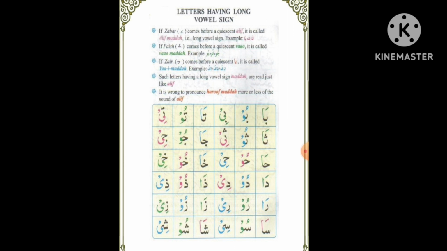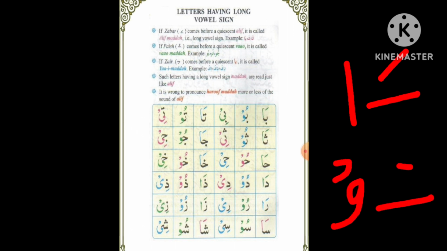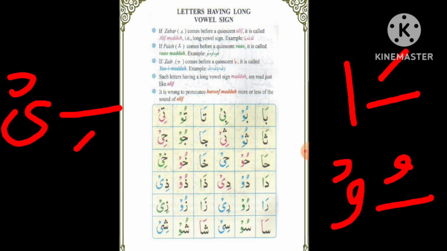If zir comes before a quiescent ya, it is called ya maddah. If pesh comes before a quiescent waw, it is called waw maddah. And what does maddah mean? Maddah means to drag. I am repeating again: three letters of maddah. Alif with a zabar before it, waw with the pesh before it, and ya with the zir before it.